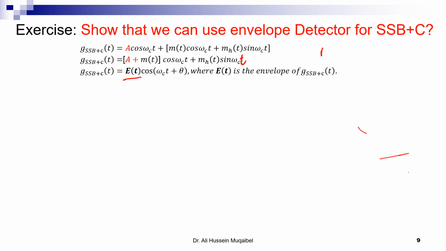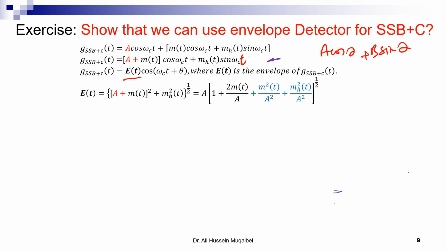If you have a cosine theta plus b sine theta, we can combine them and get one expression. We'll do this here, to combine the sine with the cosine. The envelope for this is the amplitude: it's square root of a squared plus b squared. So this is the amplitude of the cosine squared plus the amplitude of the sine squared, under the root, which is raised to the power half.